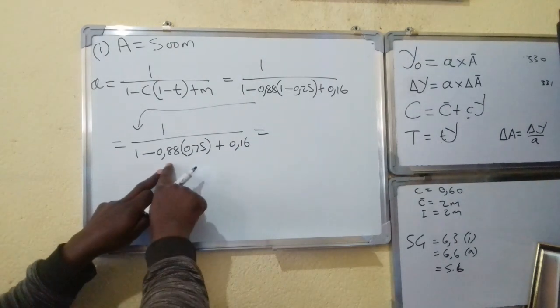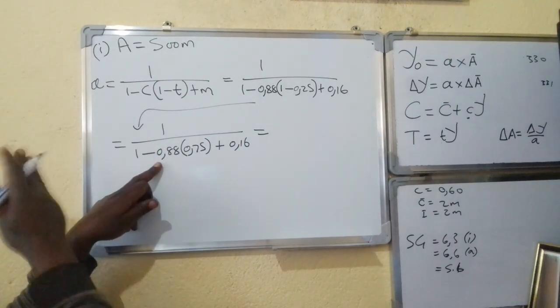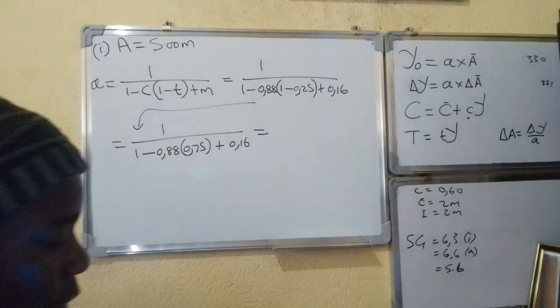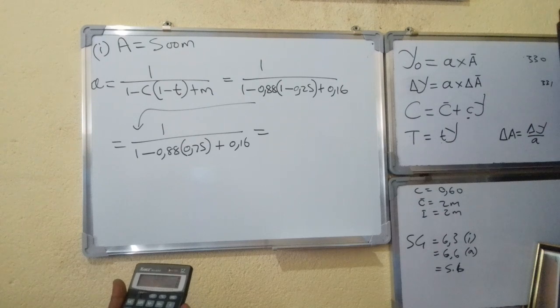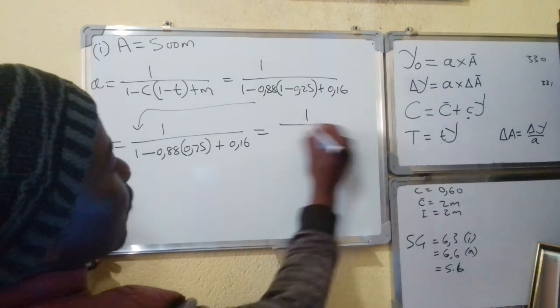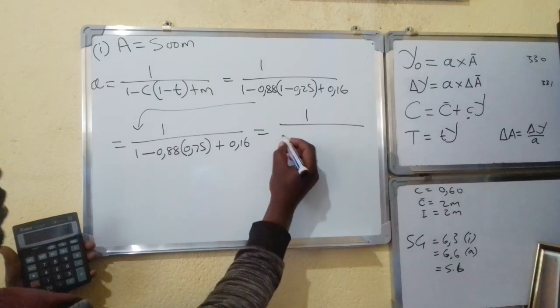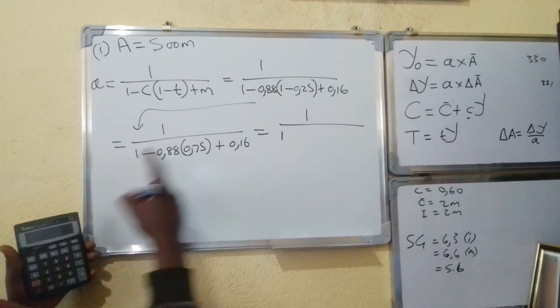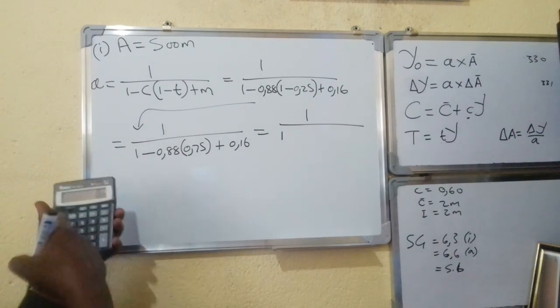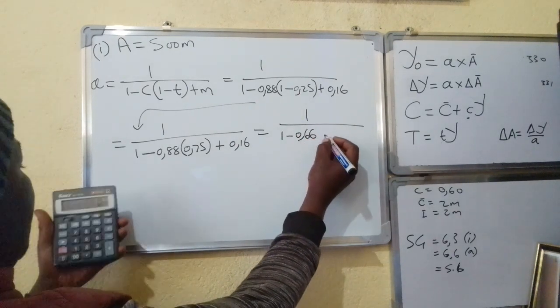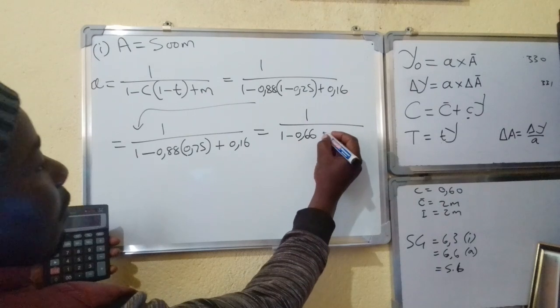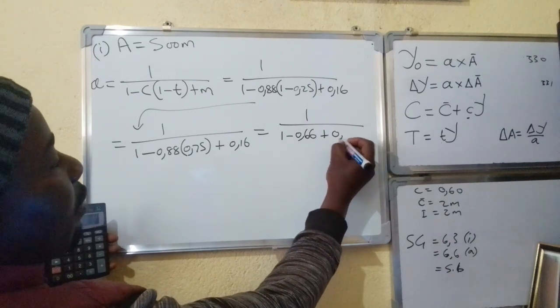Now you open the bracket with this thing that is on the left side of the bracket. So you have 0.75 times 0.88. You have 0.66. Everything else I'm bringing as it is, but this one now I'm bringing its answer, 0.66, minus 0.66 plus what I haven't dealt with.